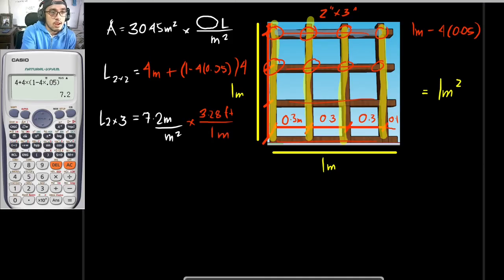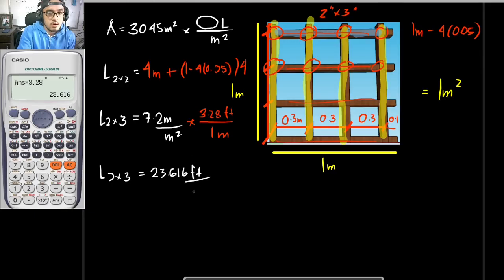And ultimately, you would be arriving at a length of 2 by 3 per area. So lagyan natin per area mamaya yan. So 7.2 times 3.28 is 23.616 feet per meter squared.